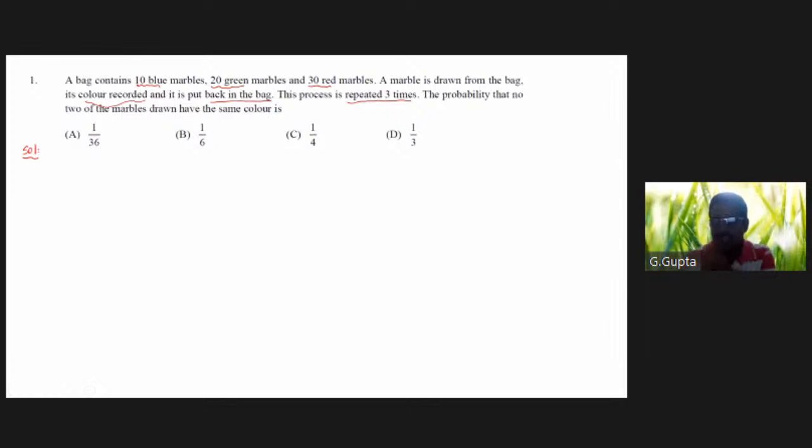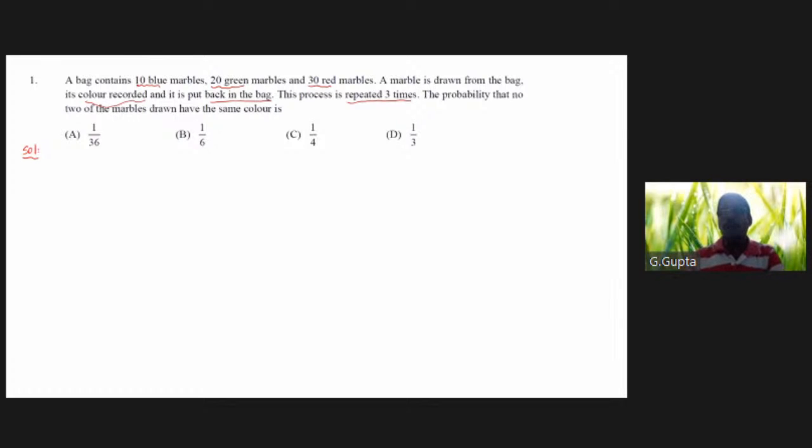Similarly, a target is there, and persons A, B, C hit the target with given probabilities. That is also an independent event example. Simply, when there is a condition of with replacement, such problems are independent. If it is without replacement, such problems are dependent events, that is conditional probability.